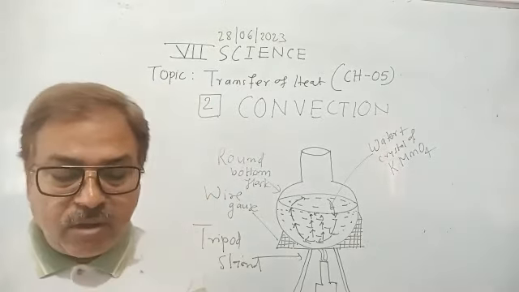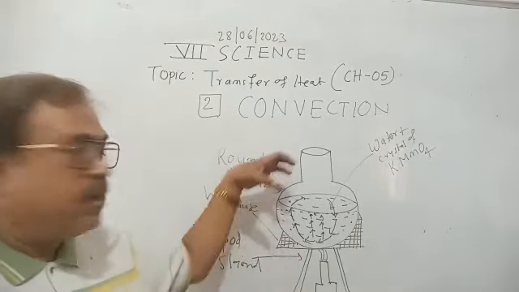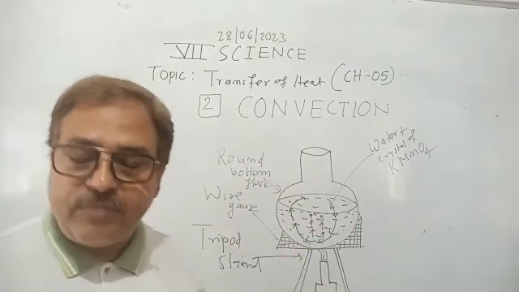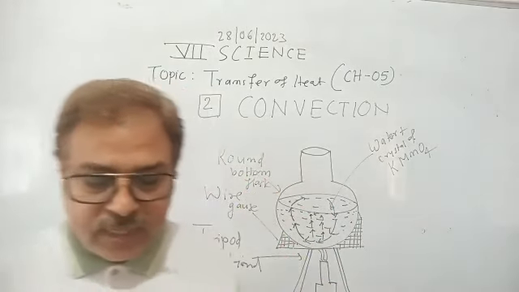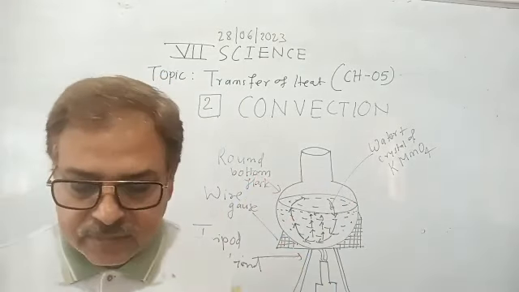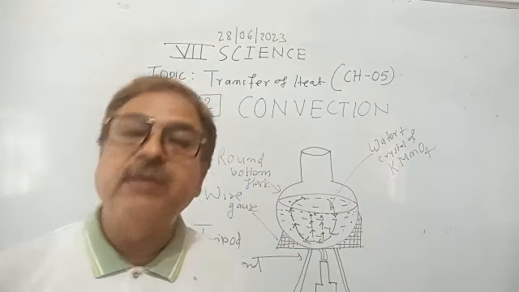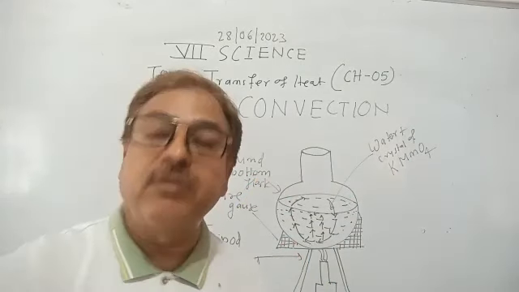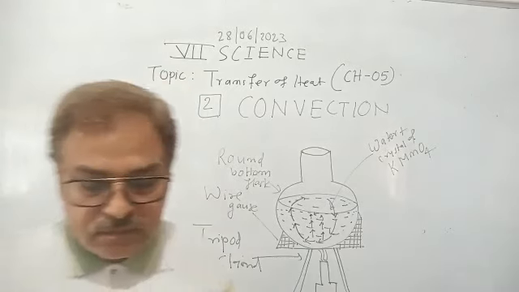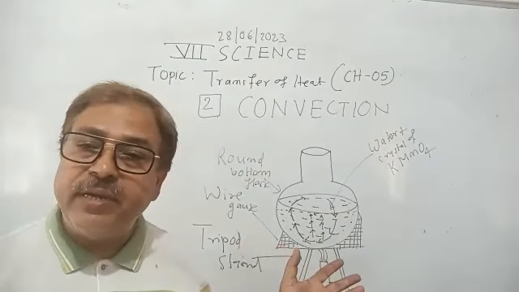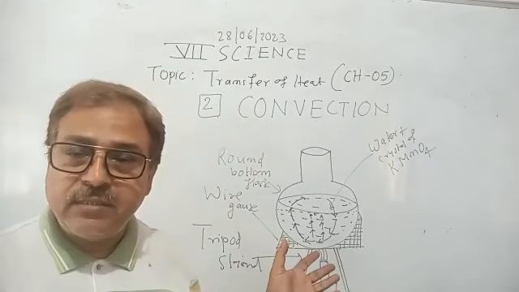So this movement of the hotter molecules upward and colder, heavier ones falling down inside the round bottom flask produces the convection current. In this way, cyclic movement of the water molecules makes the molecules hot. So such a type of transfer of heat is called convection.